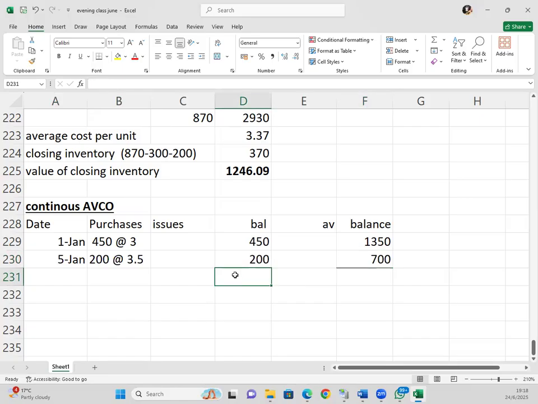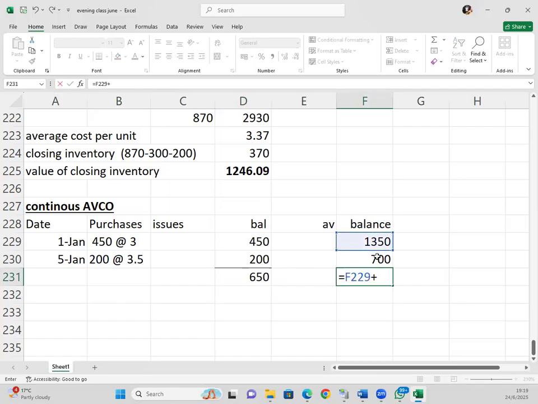Please pay attention to what I'm going to do here. After you have bought more goods, you come up with an average. So whenever you add more goods, you come up with an average. So 450 plus 200, you add this total. Continuous average means you are calculating the average continuously, unlike the periodic average.